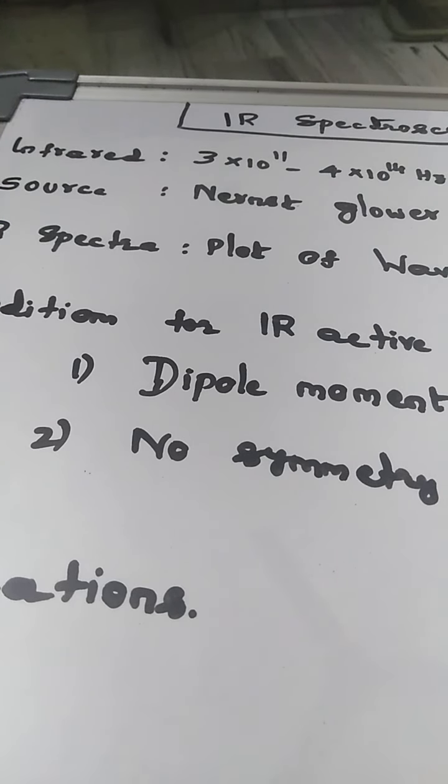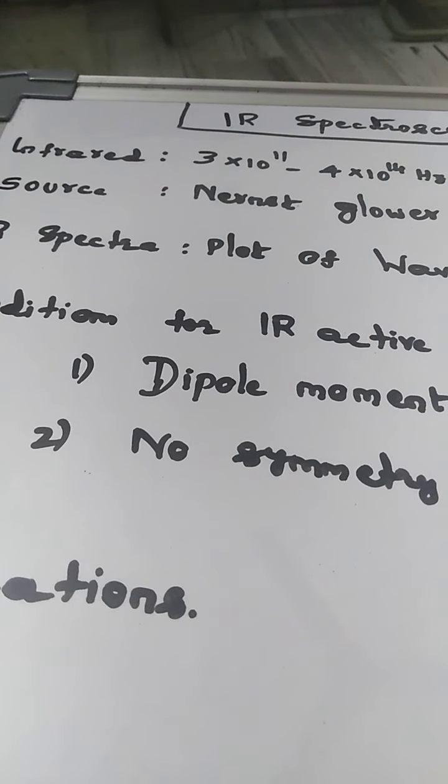The amount of transmitted light or the amount of absorption when it is plotted against the wave number, we get IR spectra. These vibrating frequencies will be different for different moieties present in the molecule.